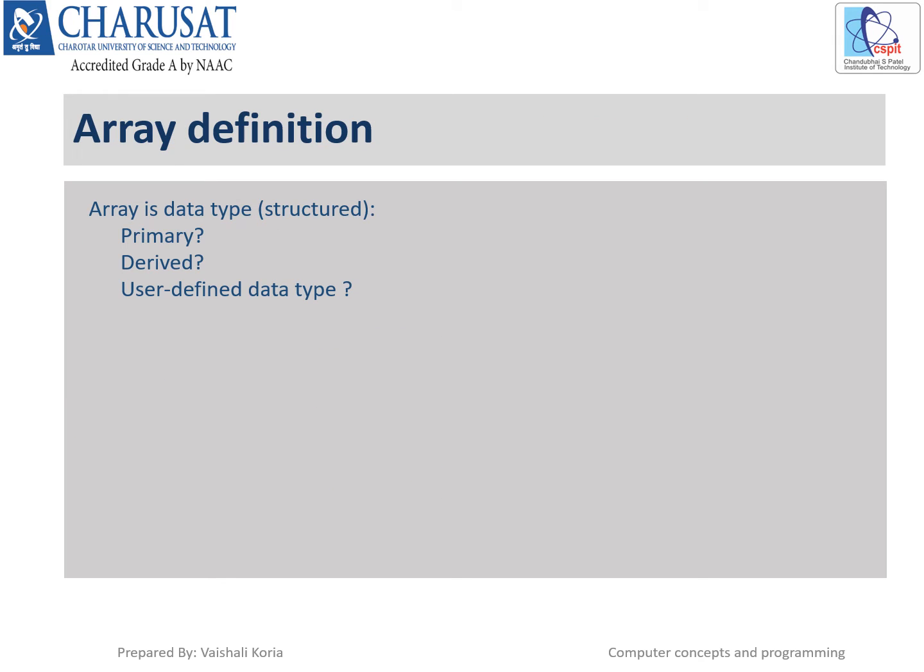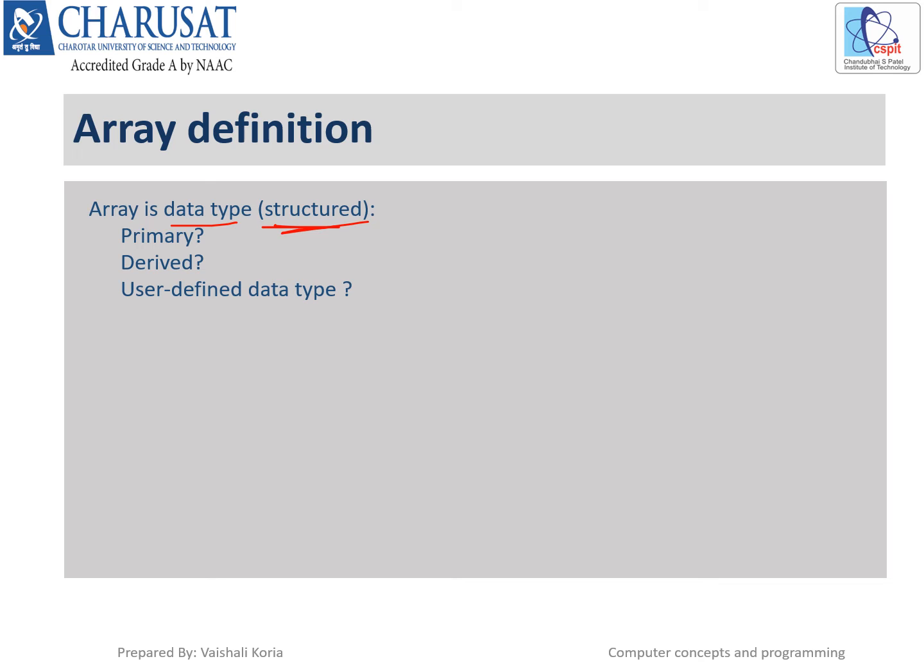Now based on all the discussions that we had, if we want to give a formal definition of the array, what can it be? An array is a data type, and it is a structured data type. All the elements are arranged like this.